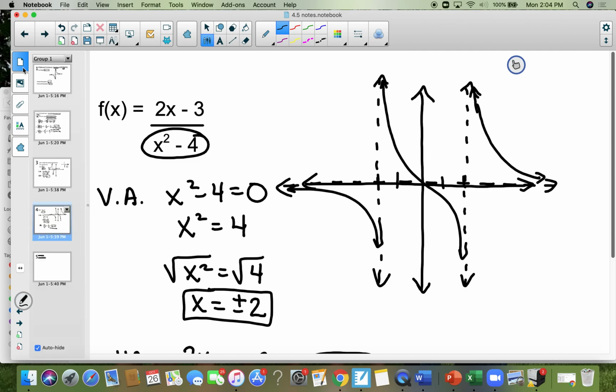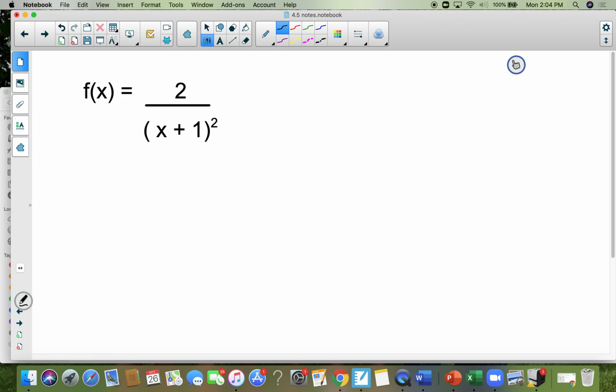Okay, one more I think and we're pretty much done. This is the same thing as 2 over x squared plus 2x plus 1. In order to do this one, we're trying to figure out the vertical asymptote.